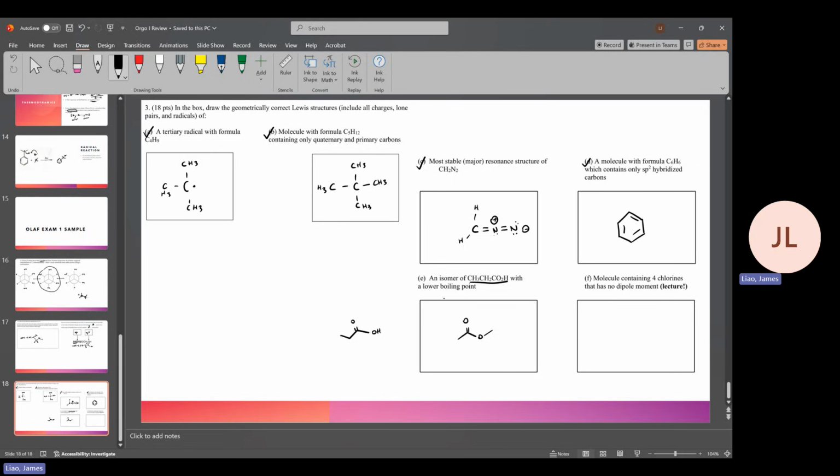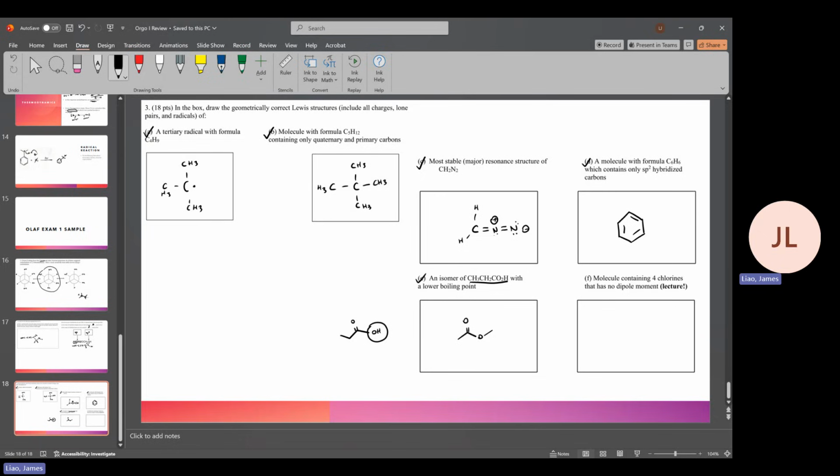And then finally, part F, but let me actually go back to part E. Why is that a lower boiling point than the reference one? The reason is intermolecular forces. If you look at the COOH, this OH is going to affect the boiling point very much because of hydrogen bonds. Hydrogen bonds are the strongest intermolecular forces, making the boiling point a lot higher.